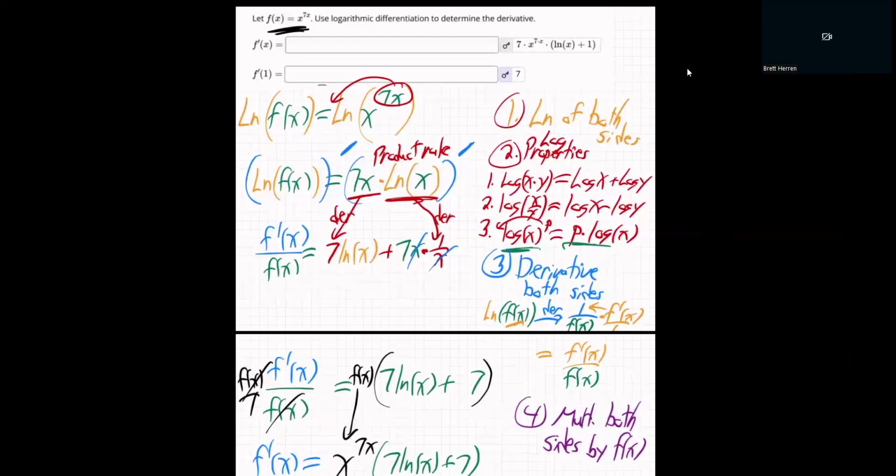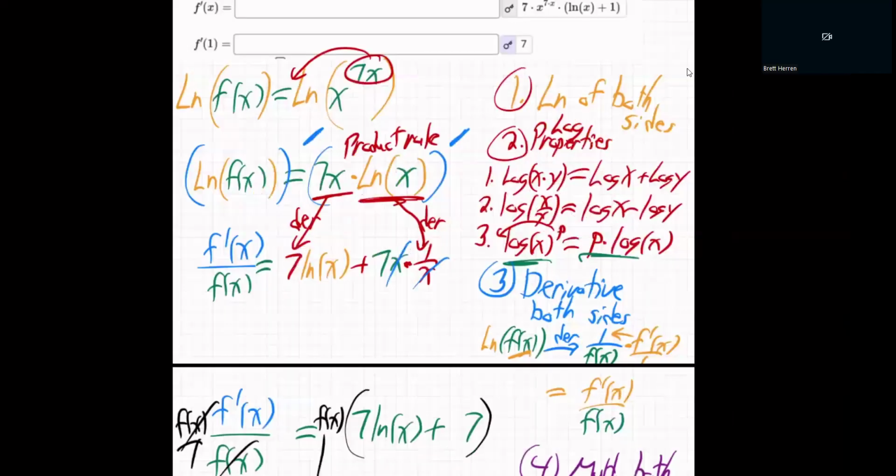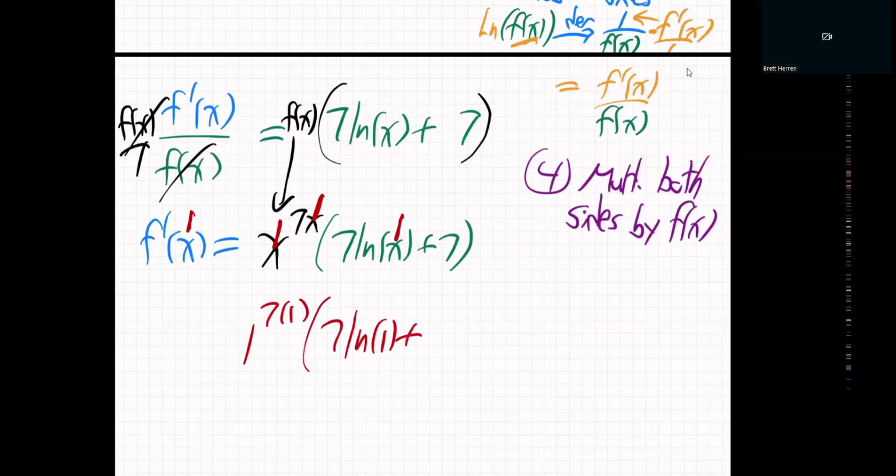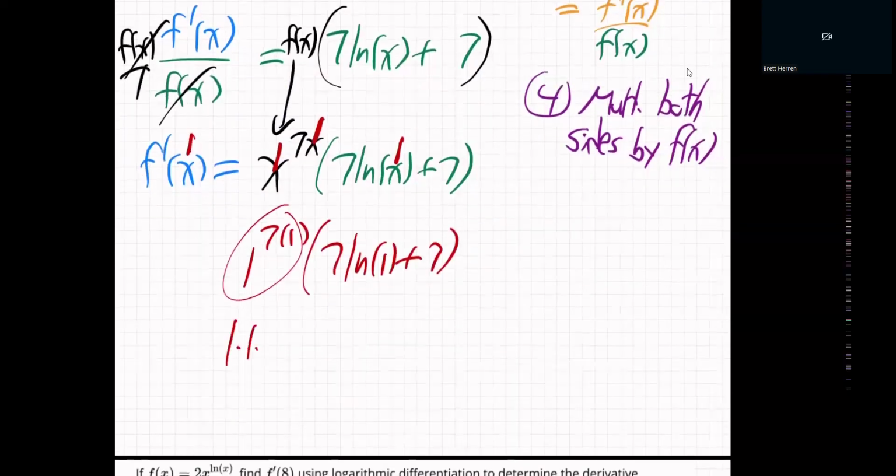Yep. Last step, now they want us to plug in a 1. So let's just put a 1 in. We're going to plug in 1 here, 1 here, 1 here. That should be easy. 1 to the 7 times 1, 7 ln 1 plus 7. Well, 1 to the 7th power means 1 times 1 times 1 times 1, and so on.